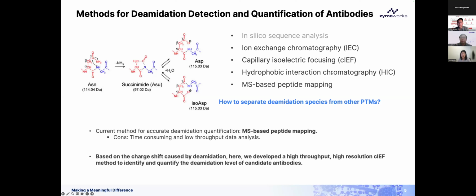However, when you have a stress sample with many post-translational modifications, it could be challenging to identify the target deamidation species. So currently, mass spec-based peptide mapping is the most reliable method for deamidation detection or quantification, but data analysis can be time-consuming. So based on the charge shift caused by deamidation, here we developed a high throughput and high resolution cIEF method to identify and quantify the deamidation level of candidate antibodies.